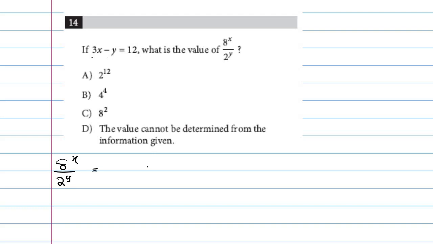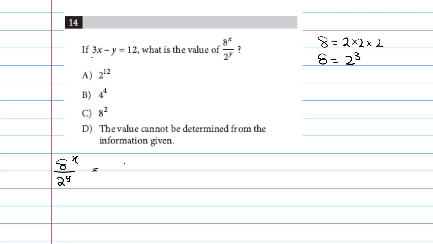You need to be really familiar with these numbers. So you have a 2 and you have an 8. What reminds you about 2 and 8? The fact is that 8 is equal to 2 times 2 times 2, which is 2 to the 3, right?